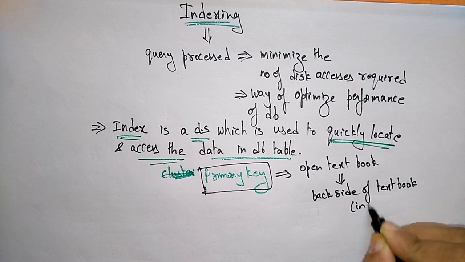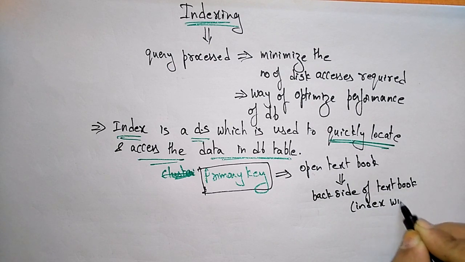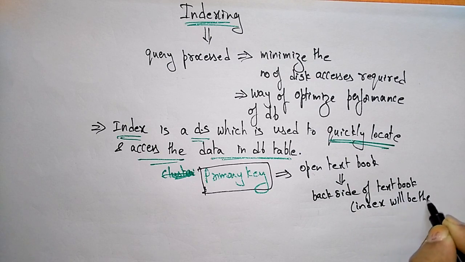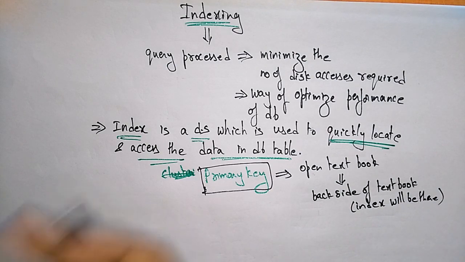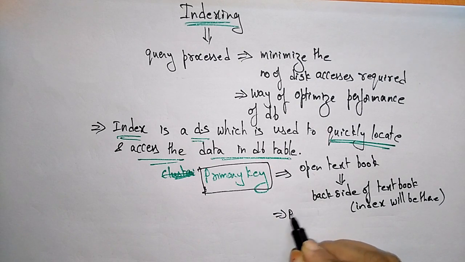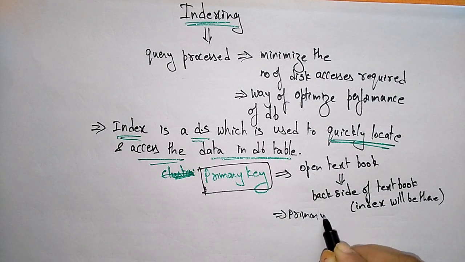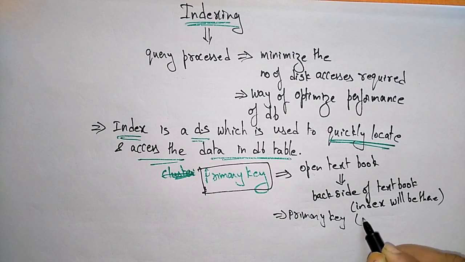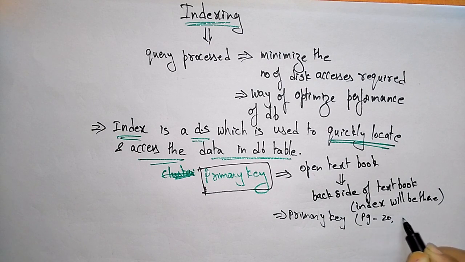Index will be there. In that index you just see the primary key, and they give the page numbers, page number 20, 37, say 128. In all these pages the primary key keyword will be there.